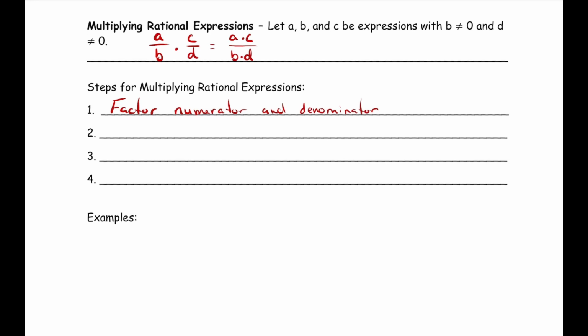Now here's an important step that a lot of people kind of forget to think about, is that we're going to simplify before we multiply. And to simplify, we're going to cross cancel.